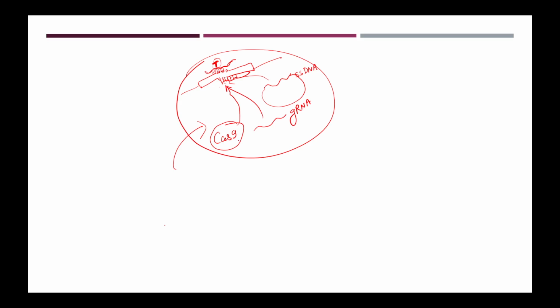Okay. I have not employed this technology yet, but what the easiest method will be is, after the cut is made, instead of single stranded DNA, you can provide a correct DNA which is double stranded. Which will be something like this.